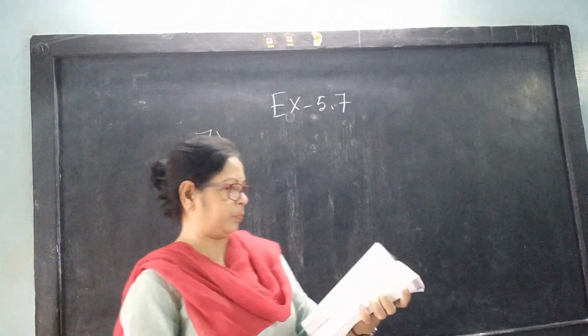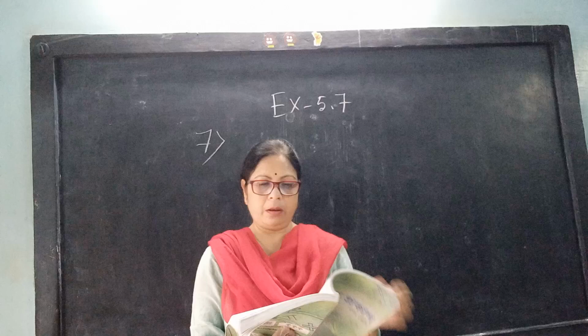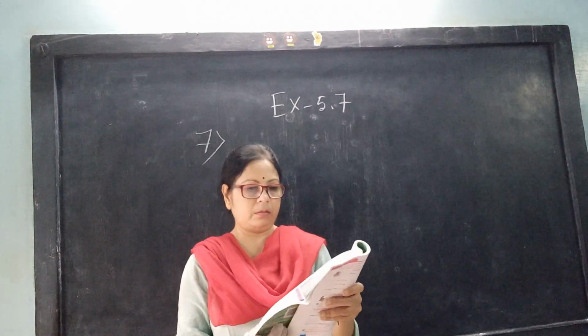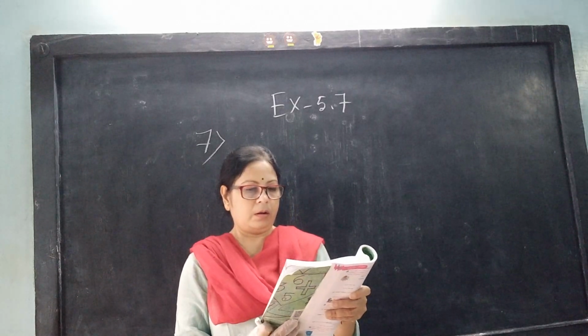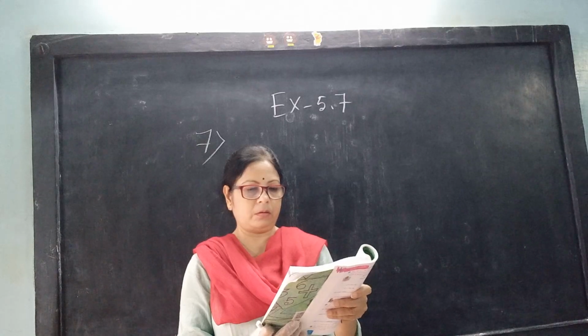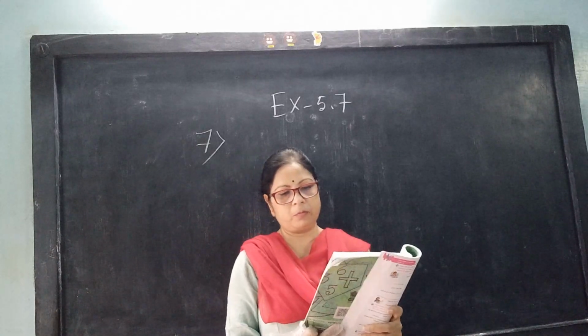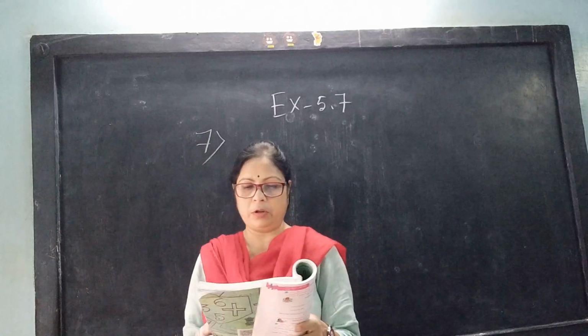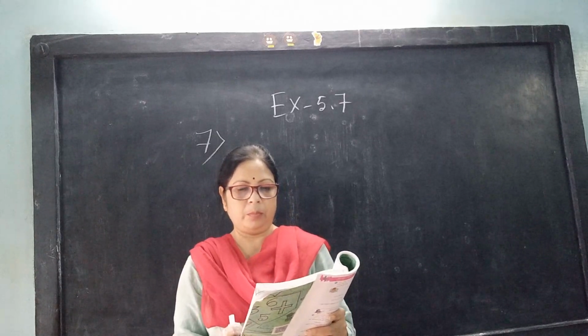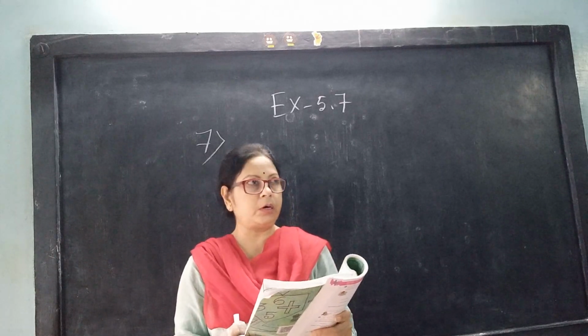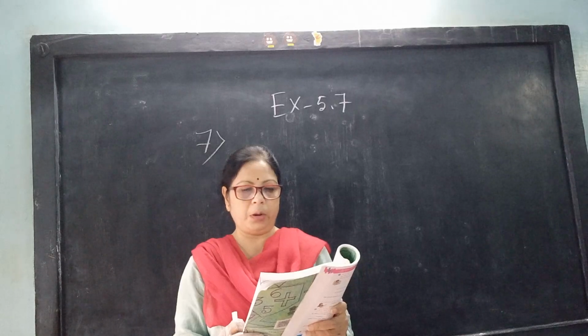What is that? Lalima and Ramin are doing some work together. Lalima works for 4 days and Ramin works for 3 days, then if they work together, 2/3 of the work is completed.